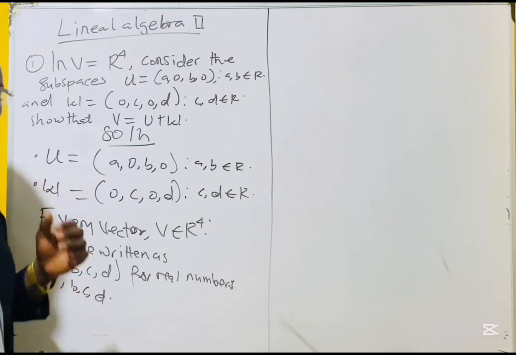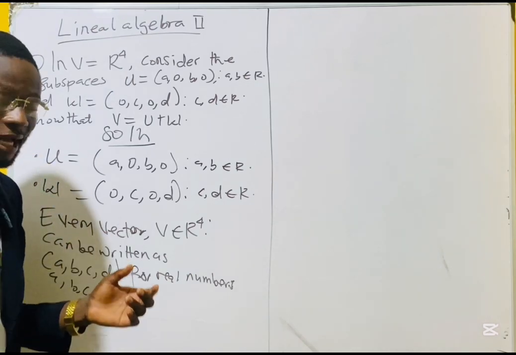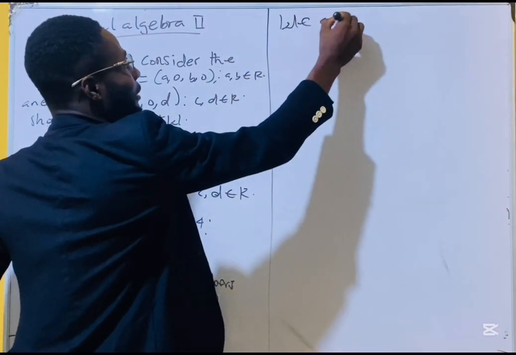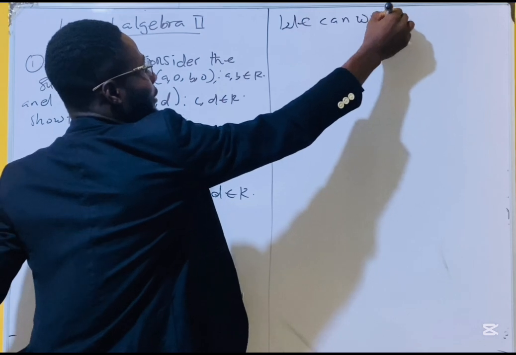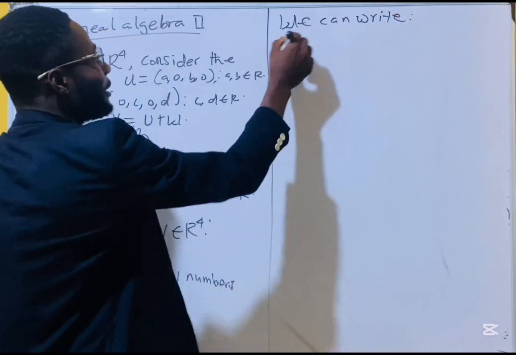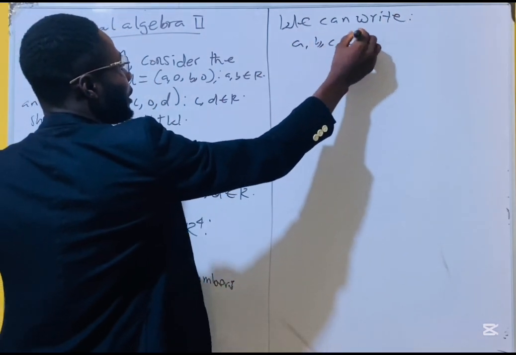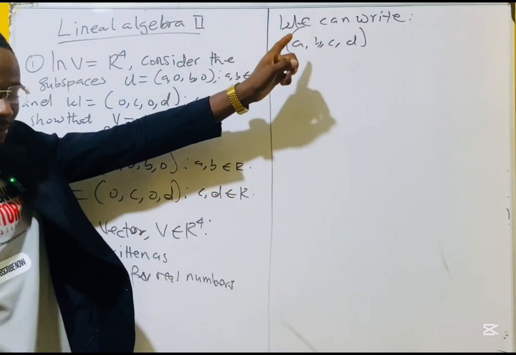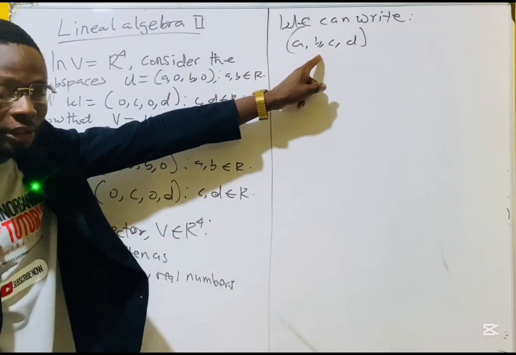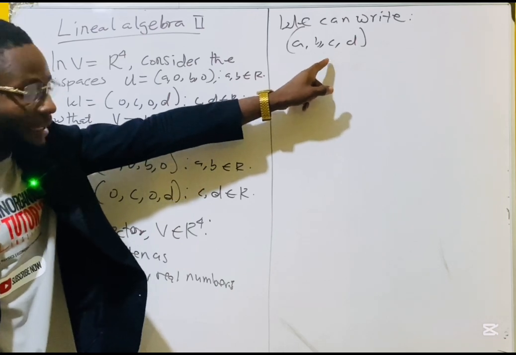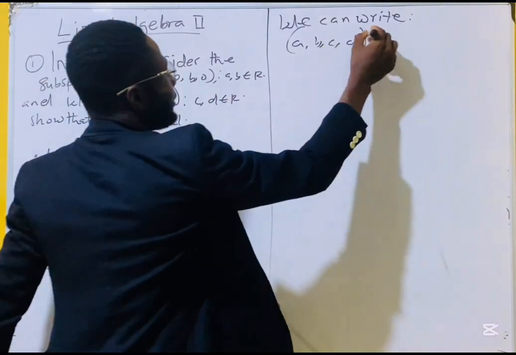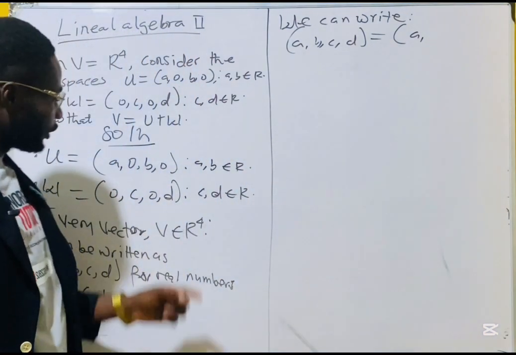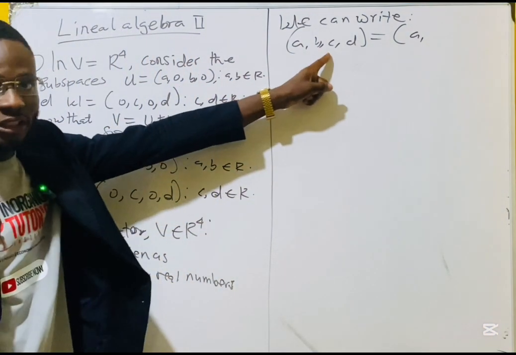Okay, so we can write that as (a, b, c, d), and we write it in a way that makes sure we get what is over here.